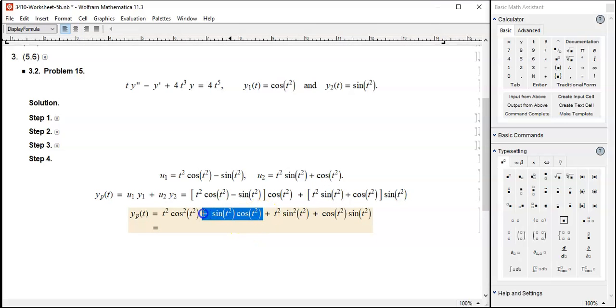And do we have further simplification? Yes, this one and that one cancel each other out, and we get t squared times cosine squared plus sine squared of t squared.